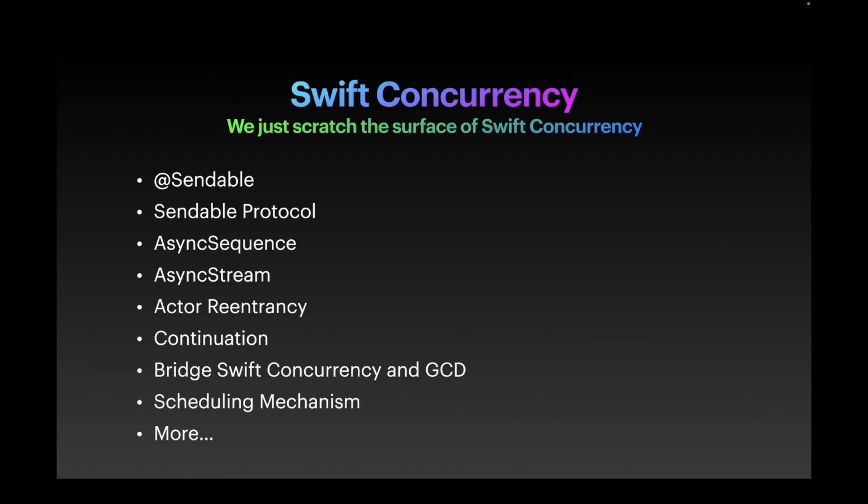Also, you have seen AsyncSequence before, and you might want to know about AsyncStream, which is how you implement an async sequence. You also want to know about actor reentrancy. I briefly mentioned that in the previous lectures.